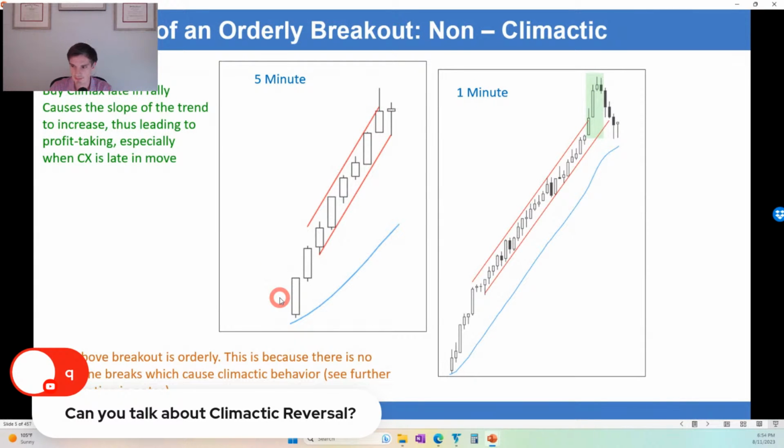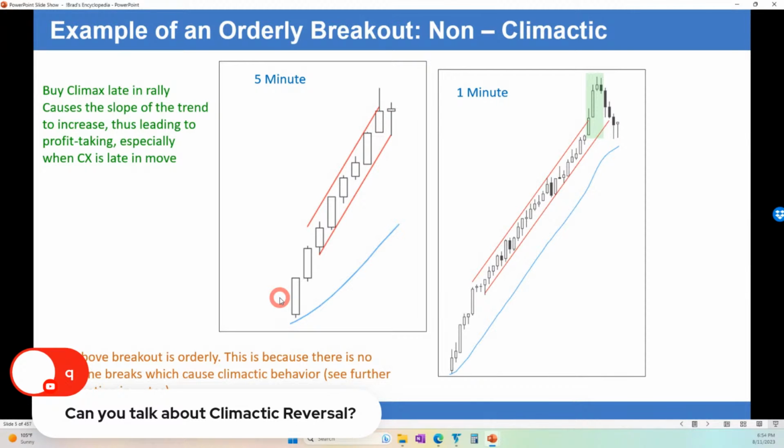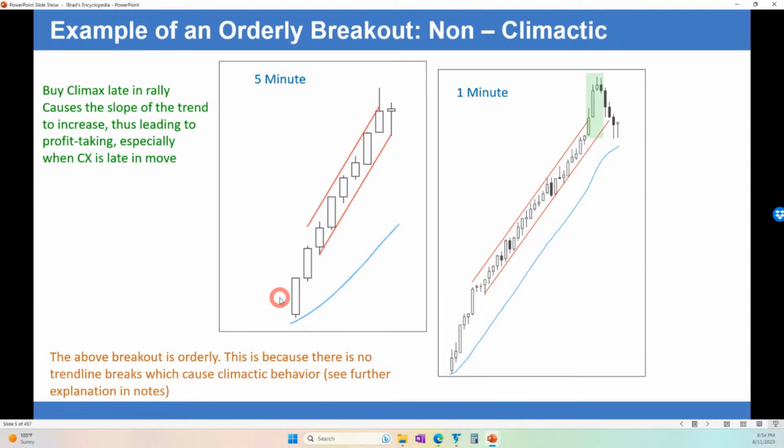And if we look at this chart right here, let me get rid of this question. It's climactic, but it's pretty orderly.